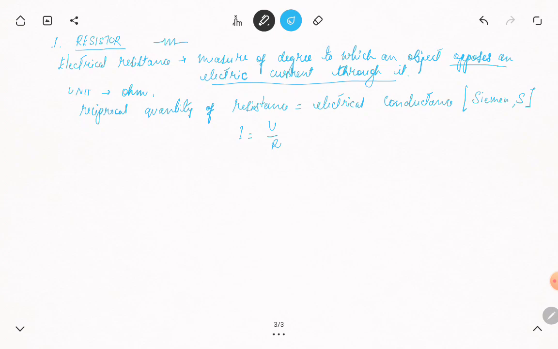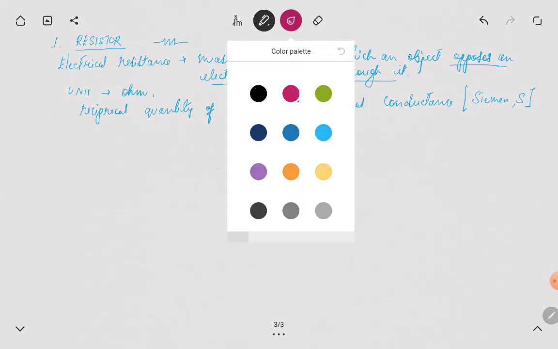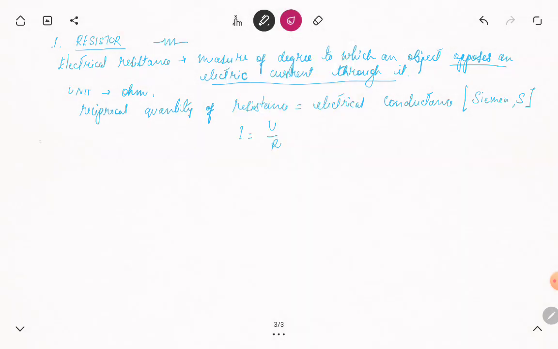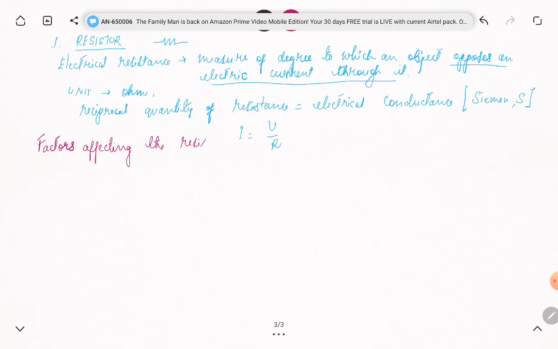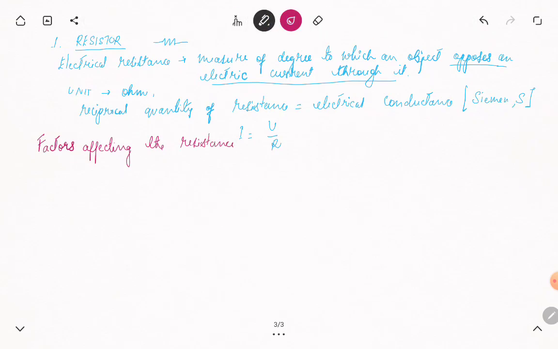And there are some factors which affect the resistance. One is the length of the material.